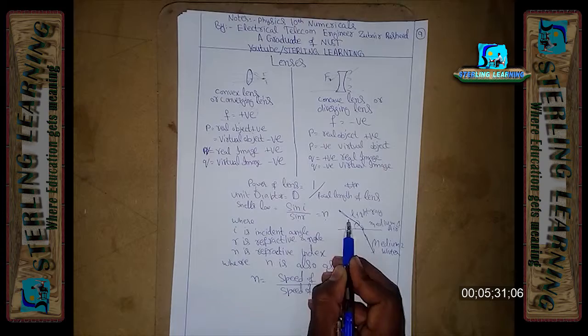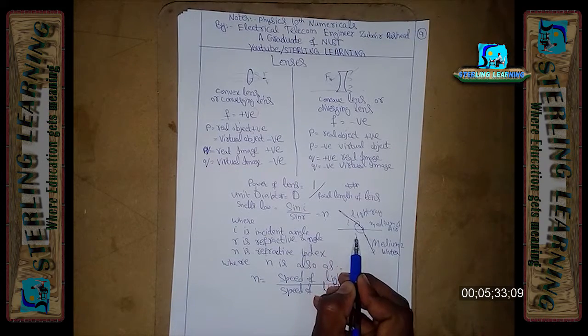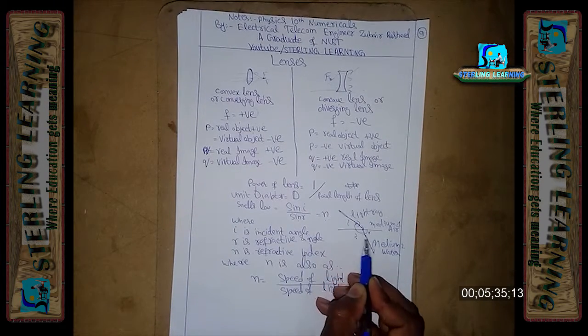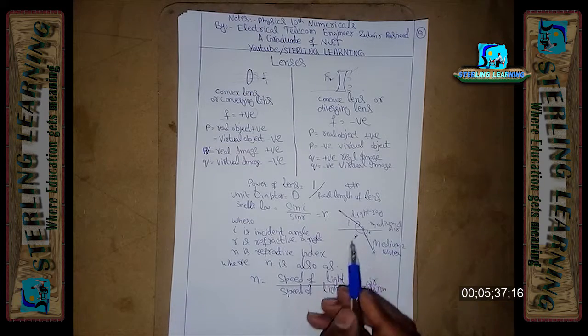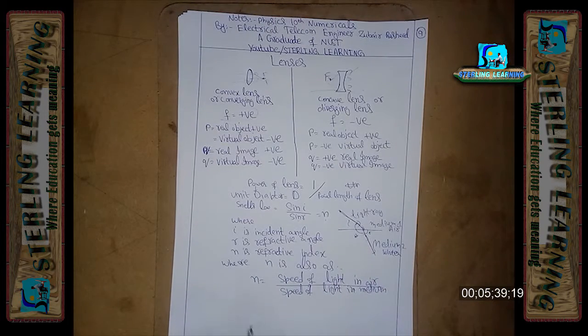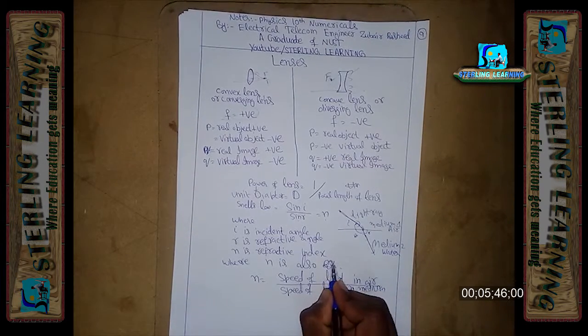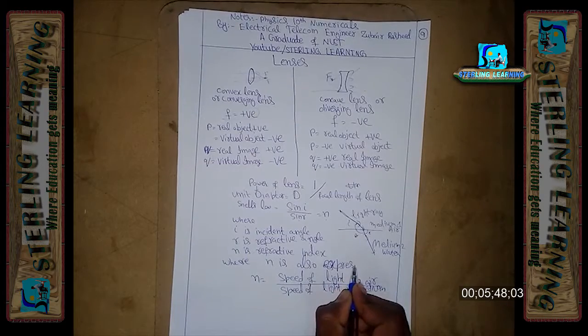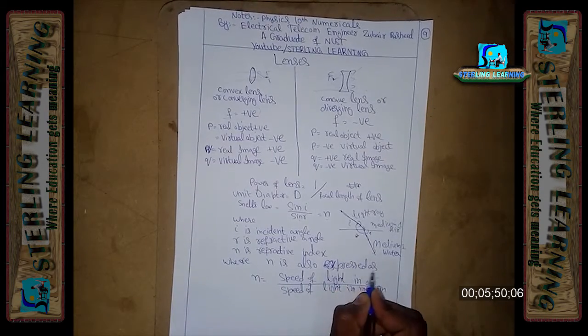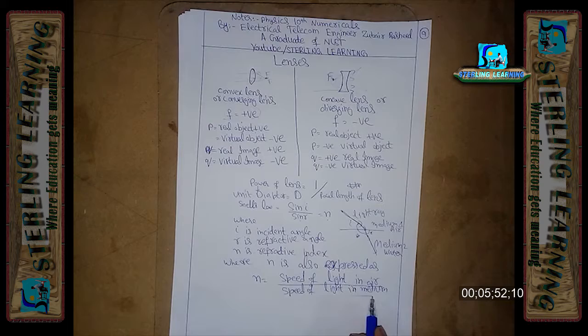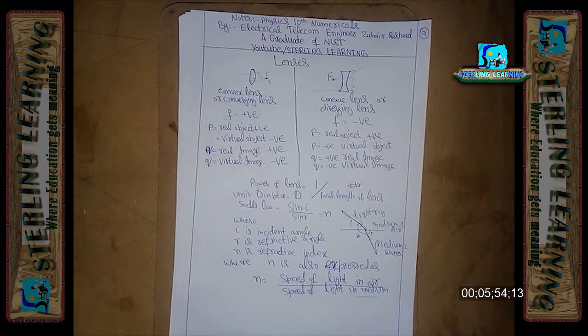This is the incident angle, this is the refractive angle. So this kind of thing happens. Okay, where n is also expressed as the speed of light in air over the speed of light in the medium. The ratio of these two gives us the refractive index.